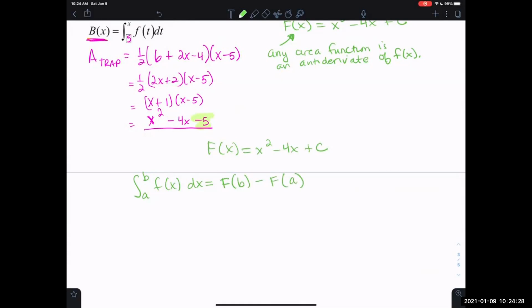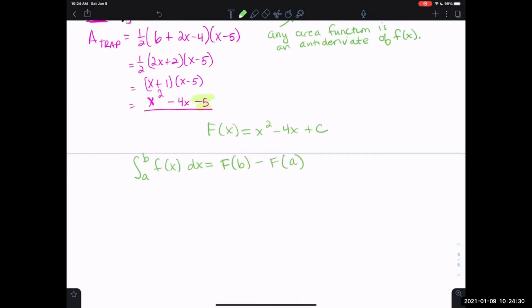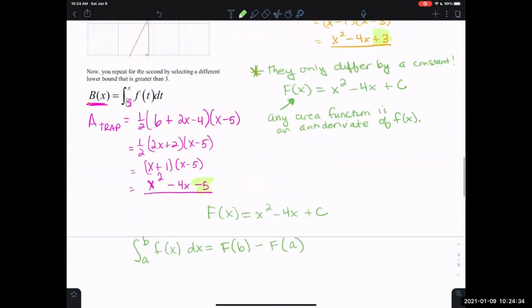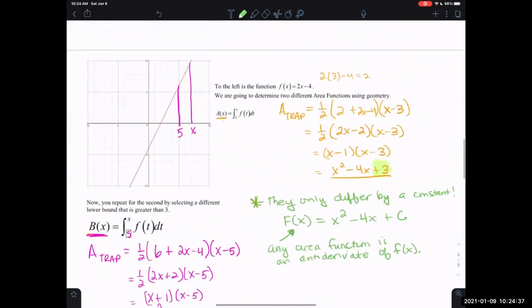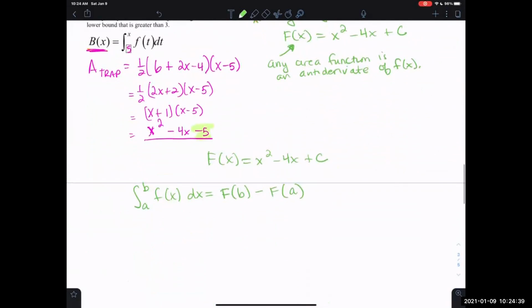Okay. And if I were to bring it even back to what we just did with, let's just go a of x, capital A of x. Okay. And I make it more specific to show we went from 3 to x on f of x dx. That would be equivalent to capital F of x minus capital F of 3.